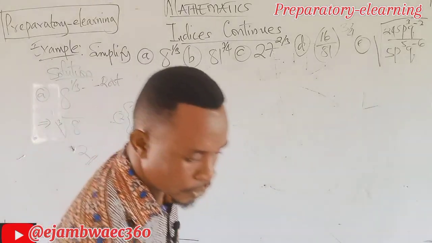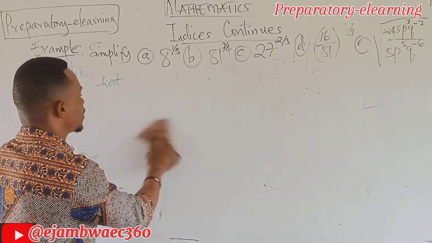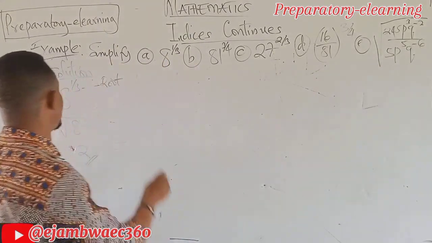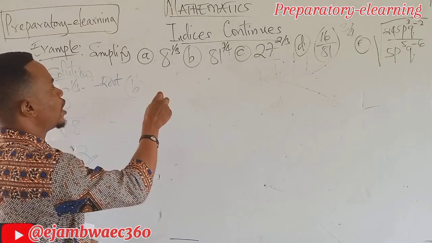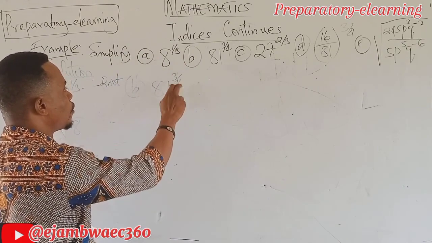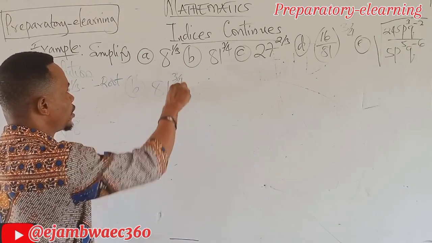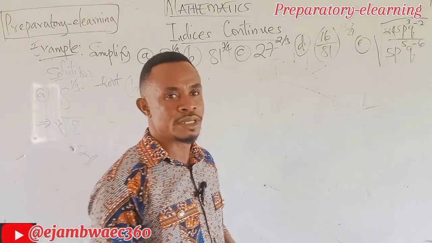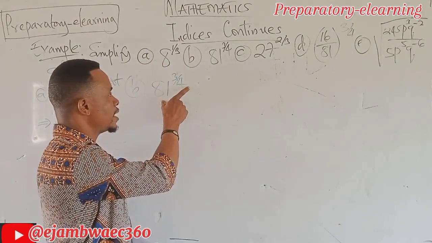We now go on to another example, B, which is 81 power 3 over 4. Still applying the fractional index law.